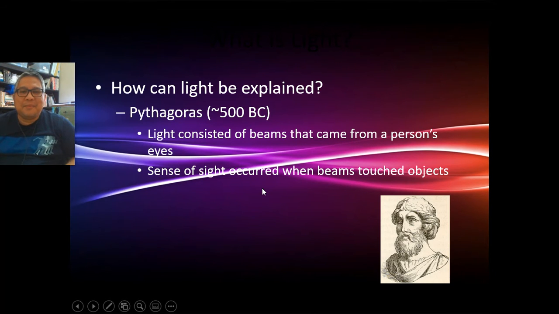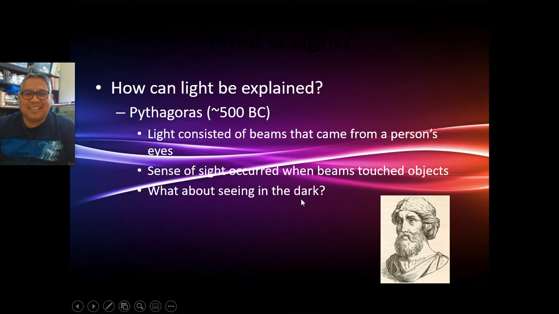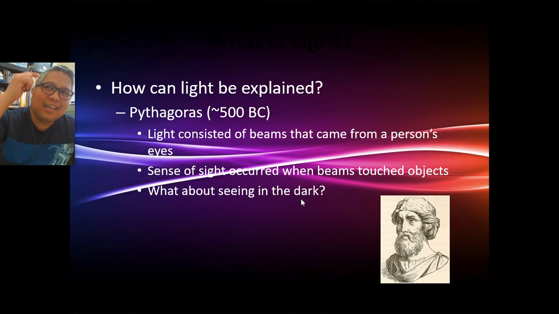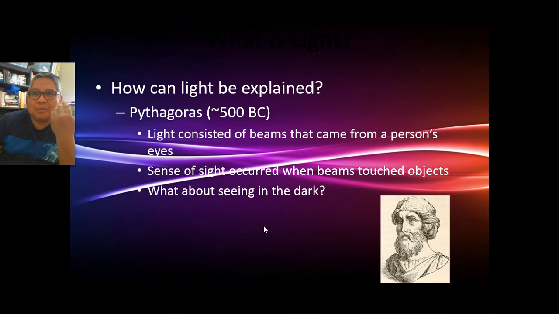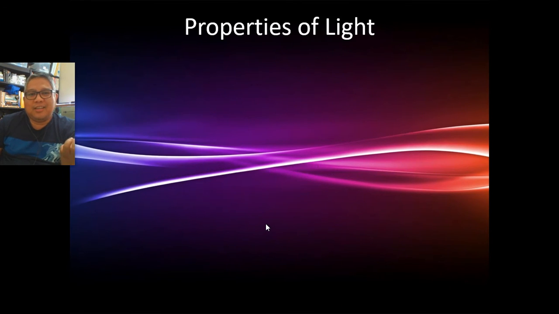Sense of sight occurred when beams touched objects. So light coming from you will touch the object, and then you can see the object. So what about seeing in the dark? That's a problem, right? Since it's dark, if your eyes produce light, then you should be able to see in the dark.